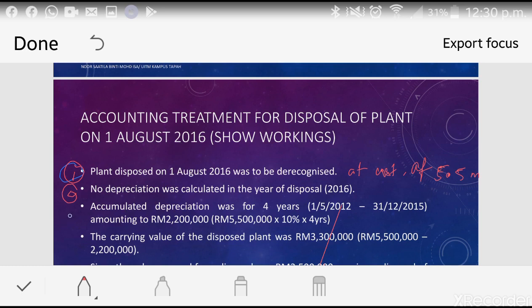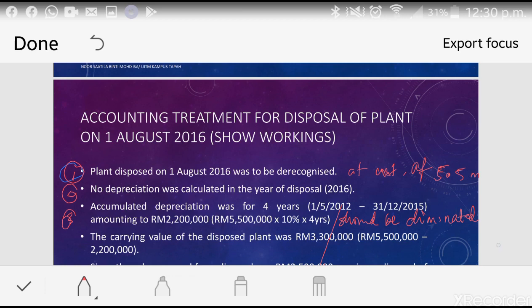Next one is what to do with the accumulated depreciation. What to do. So it should be eliminated.